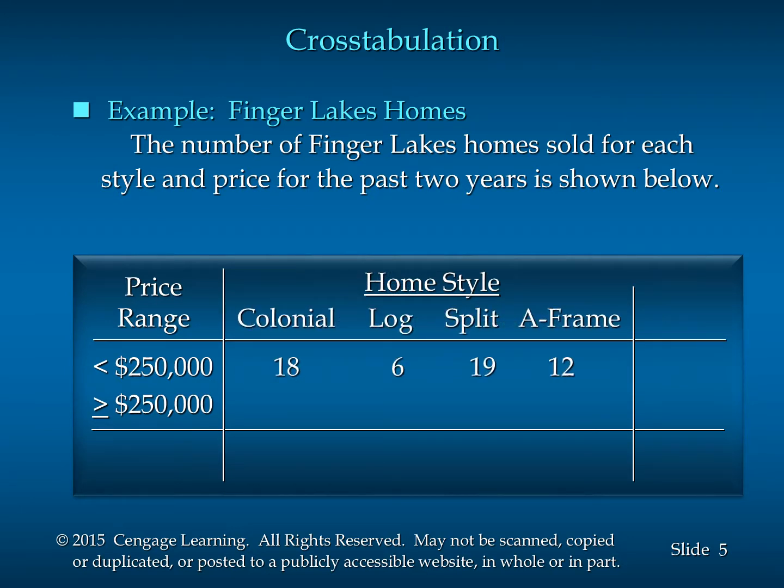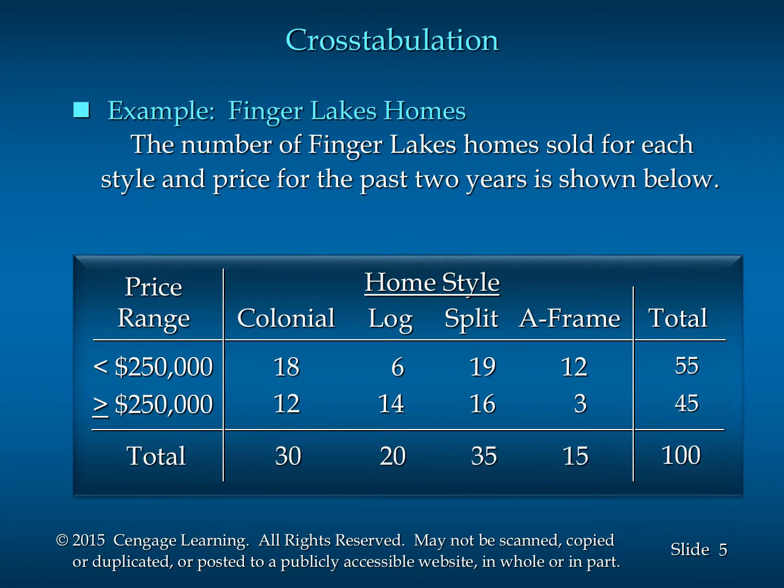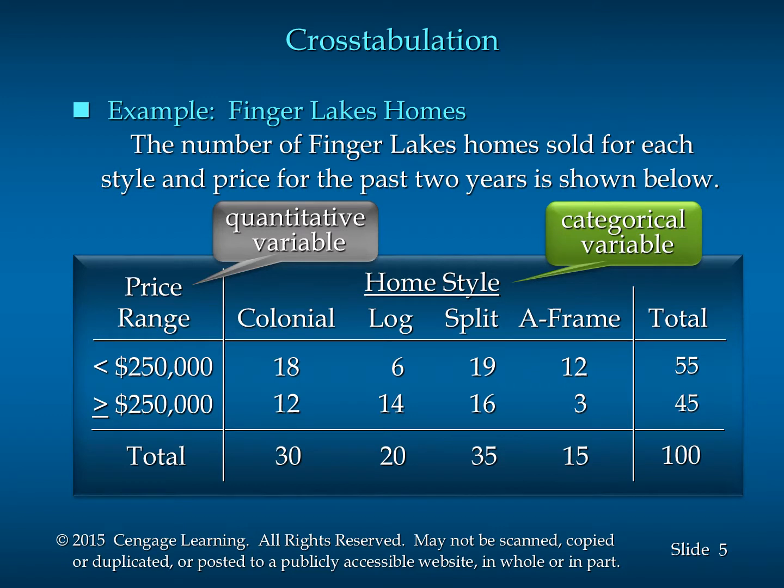We can see at the intersection of each of those two variables the number of homes that satisfy those two variables. For example, there are 18 homes which are both colonial and under $250,000. There are 3 homes which are A-frame and over $250,000.